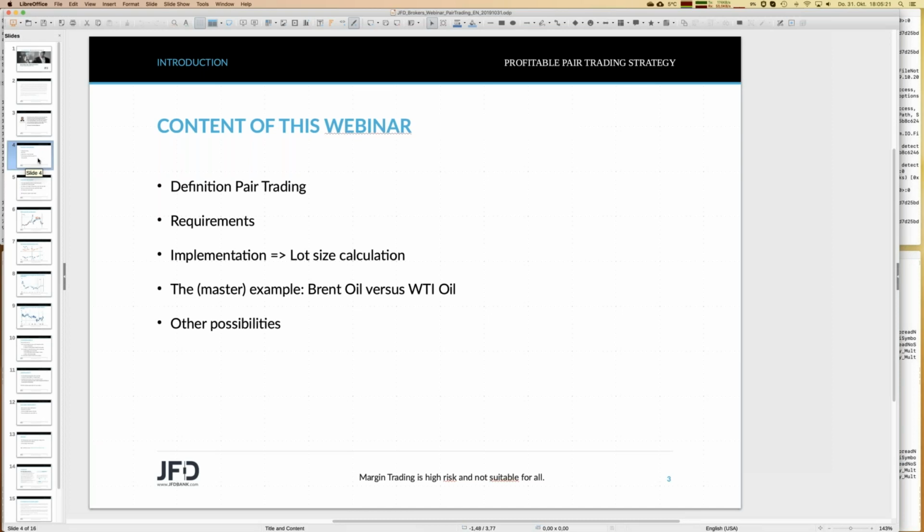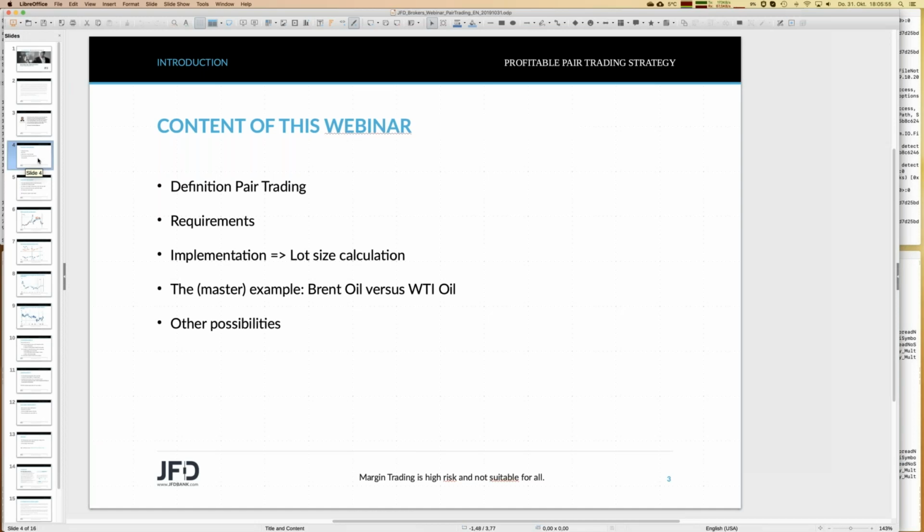But then it's important to get that condition really implemented, and therefore we have to really look into the details of the lot size calculations for the two trades we finally will open. So that's quite an important step. Otherwise, we are not market neutral, and that is one aspect of pair trading strategies at all, which is some basis of that kind of strategy.